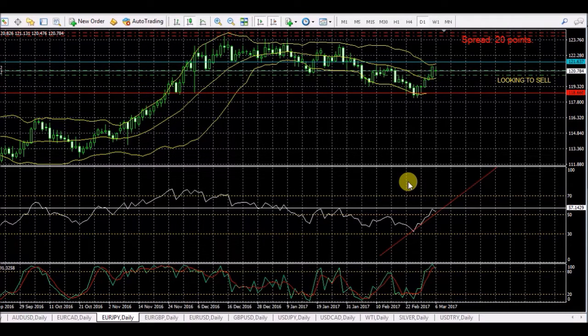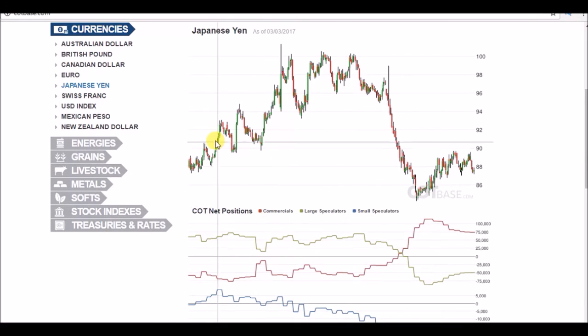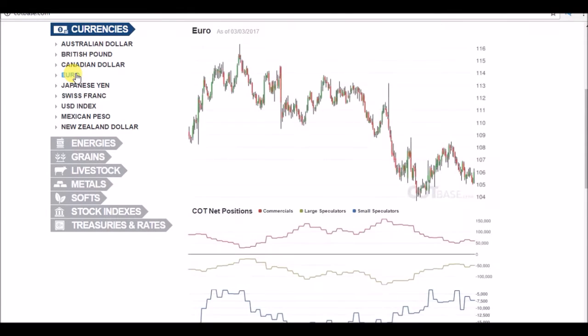And yes, euro. We'll look at the graph for the euro on the commitment of traders. This doesn't show such a clear picture. The euro on the graph really you can't actually see anything that makes a lot of sense. So this is the way I use this graph.